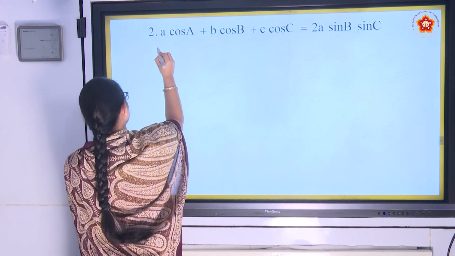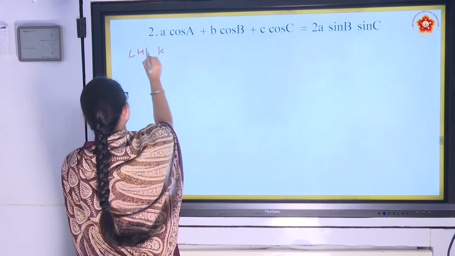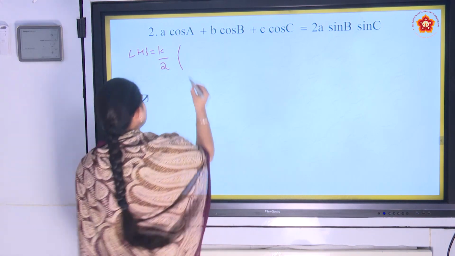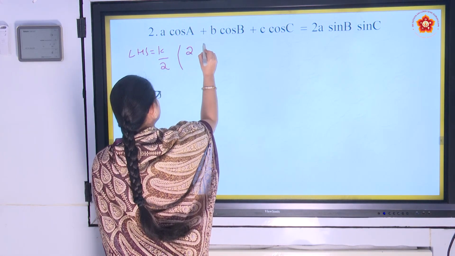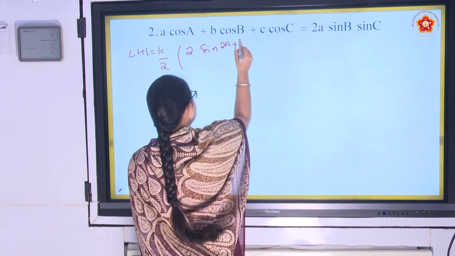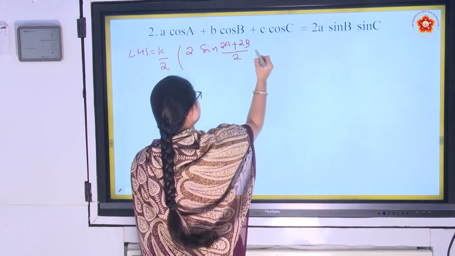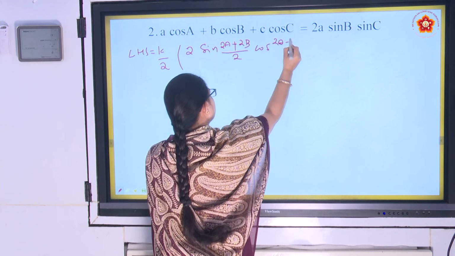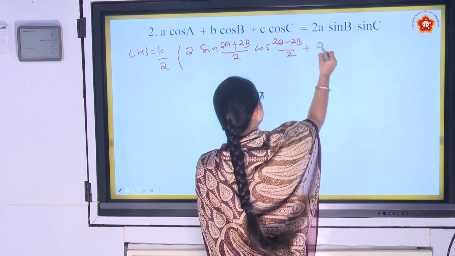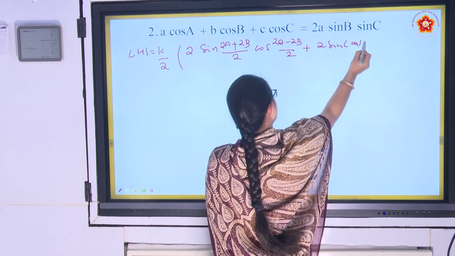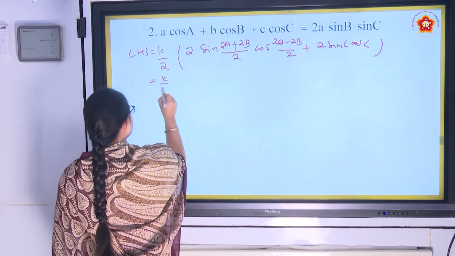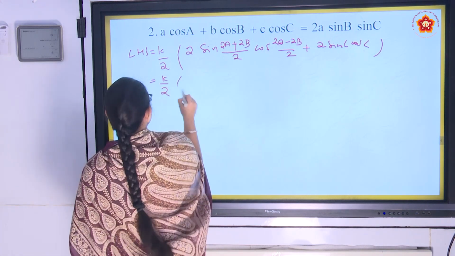So we have left hand side, that is k by 2 into sin 2A plus sin 2B, that is 2 sin A plus B by 2. So that is 2A plus 2B by 2 cos 2A minus 2B by 2 plus here 2 sin C cos C as it is.